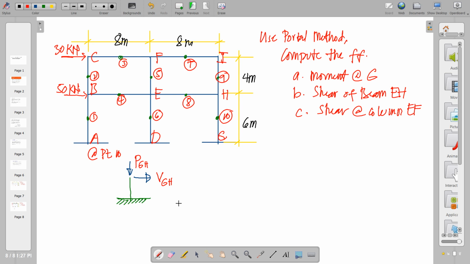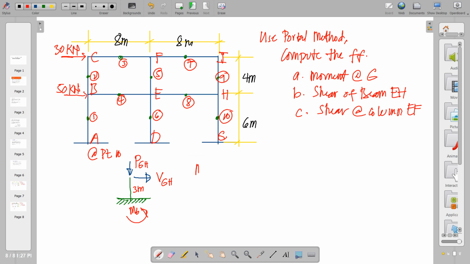Okay, so therefore, if this is 6 meters, this should be 3 meters, and your moment at G would be against the direction of the rotation caused by the shear at GH.